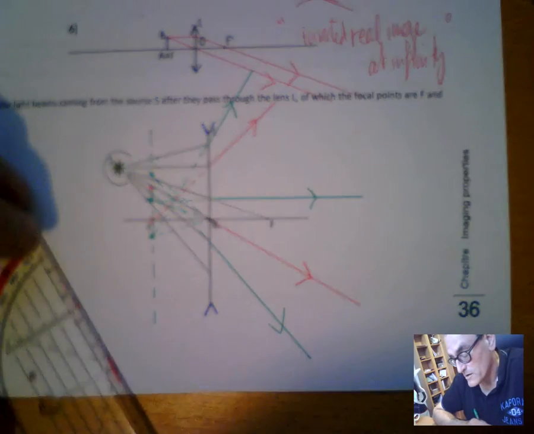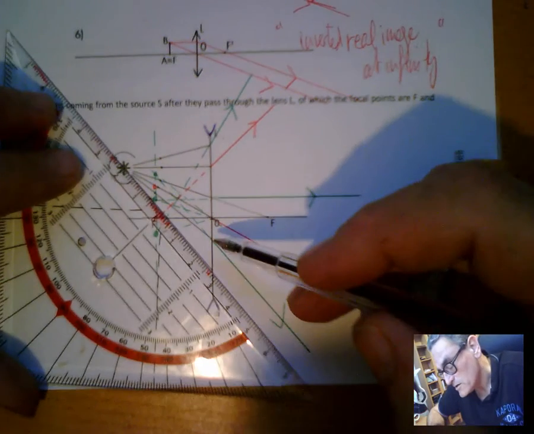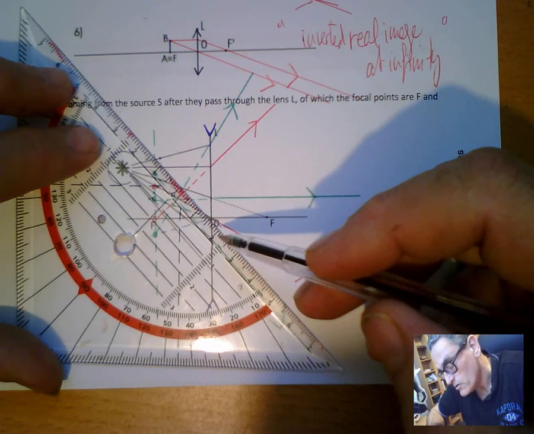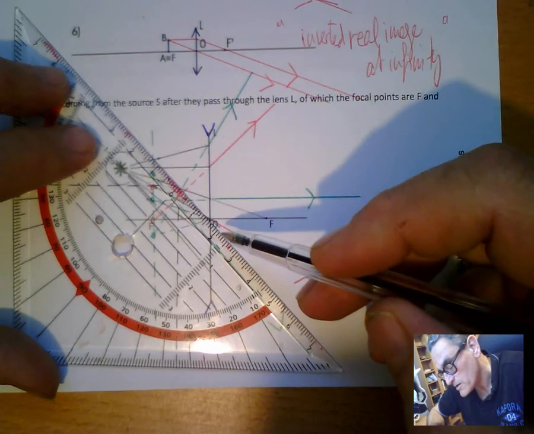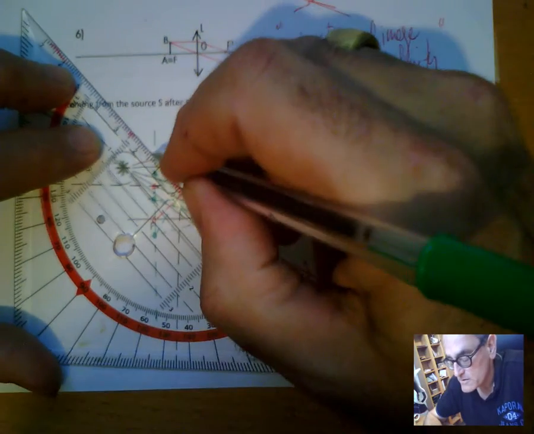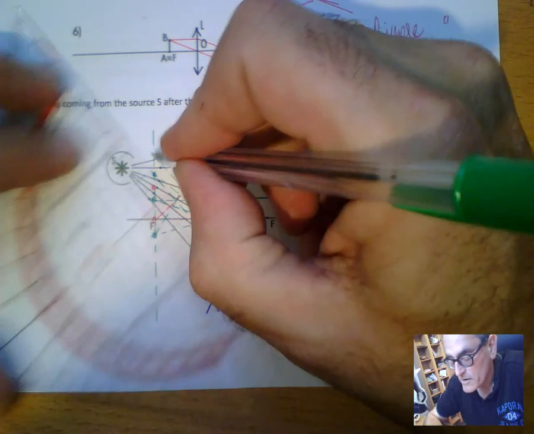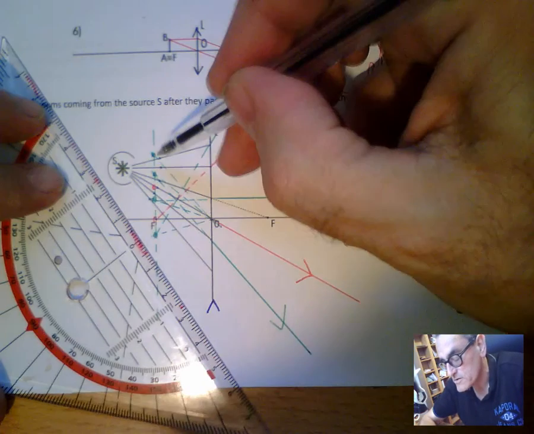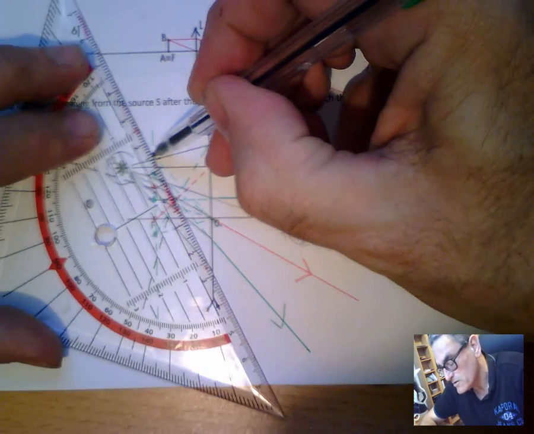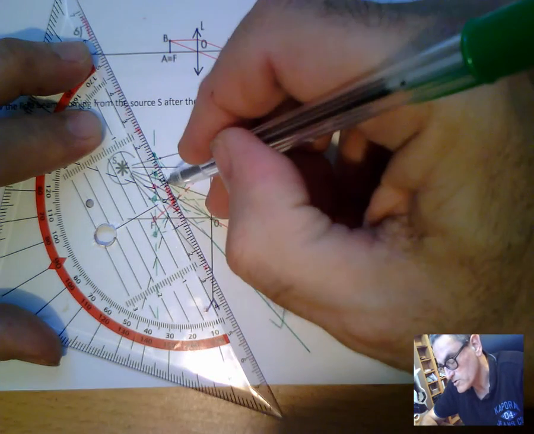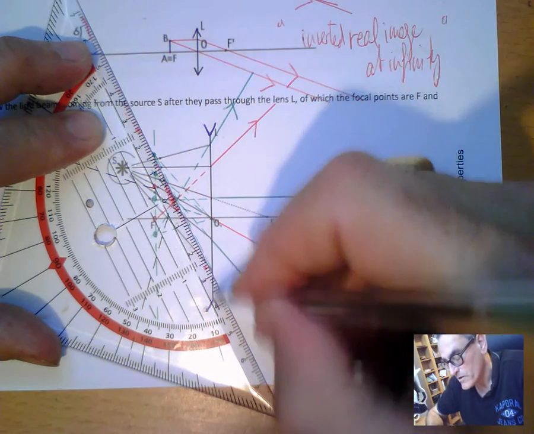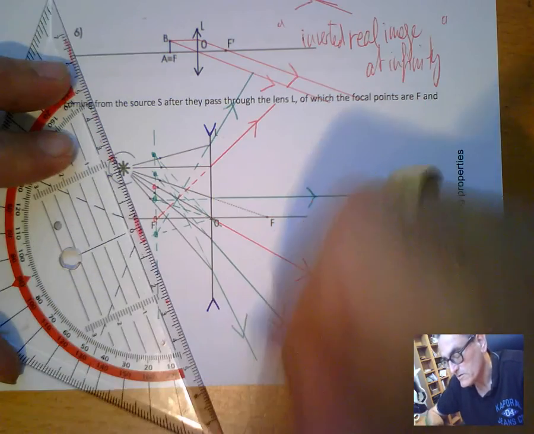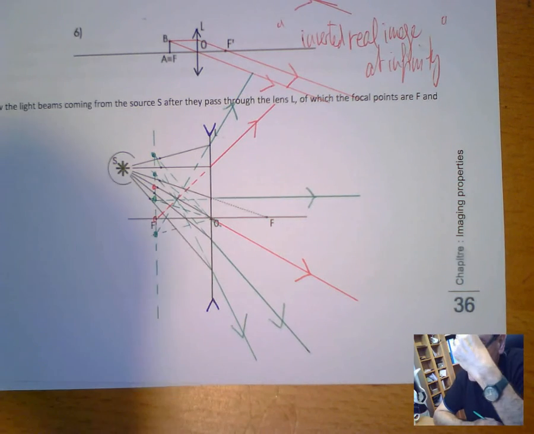And now the last one, it arrives here. We draw a parallel through the center of the lens. It defines this point, and so this point gives us the direction of the light ray after the lens.